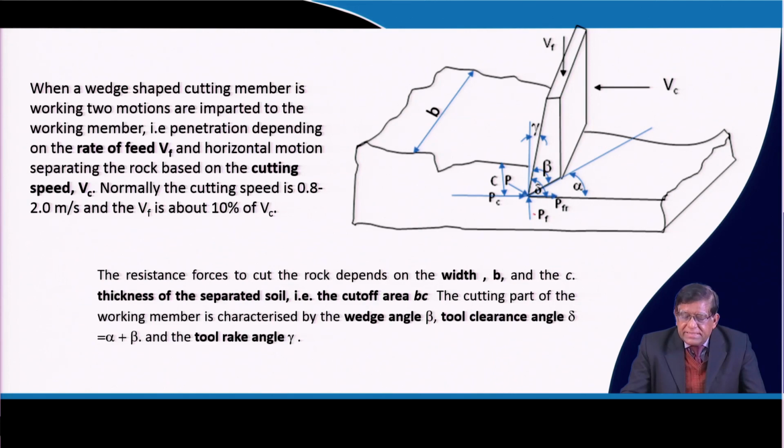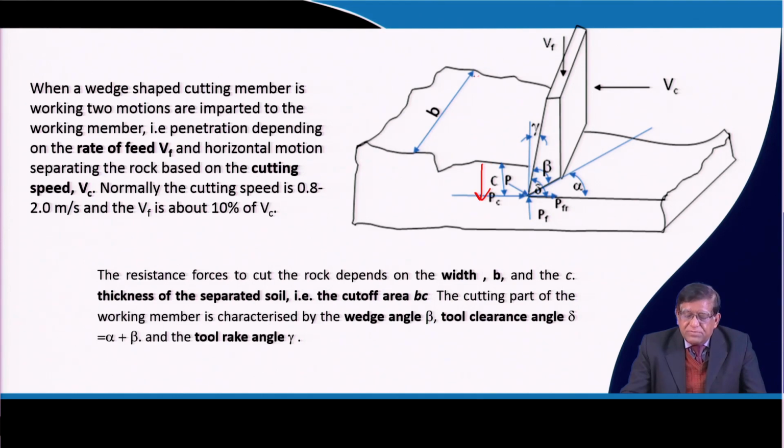Now you can see another angle here, called the rake angle, and the combination of these angles affects the direction of these forces. So, what force will be available for stripping this material, if the thickness is C and the width is B.